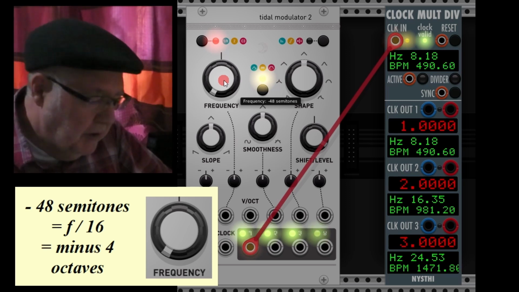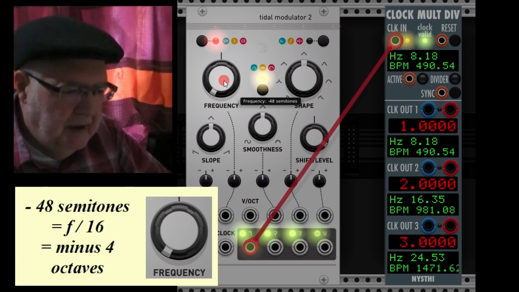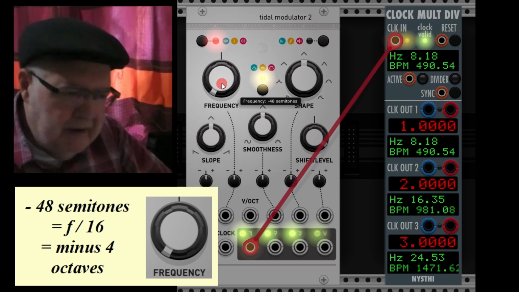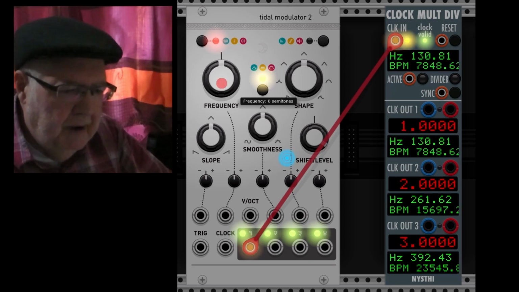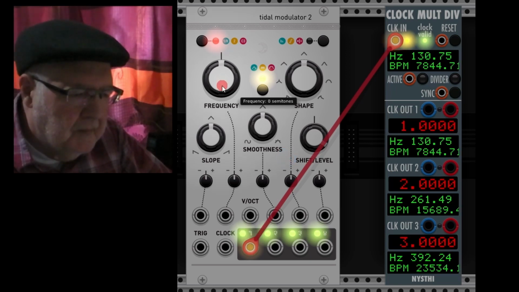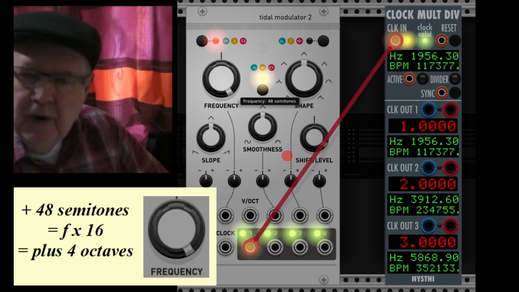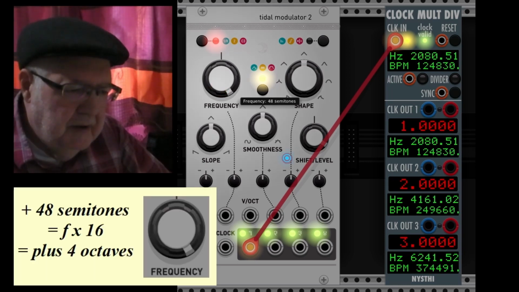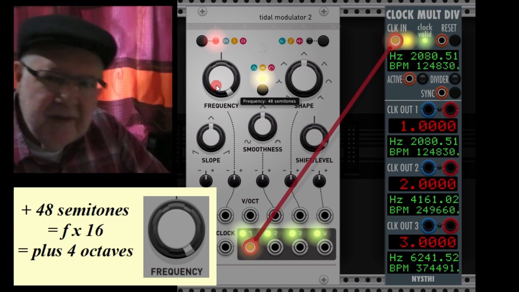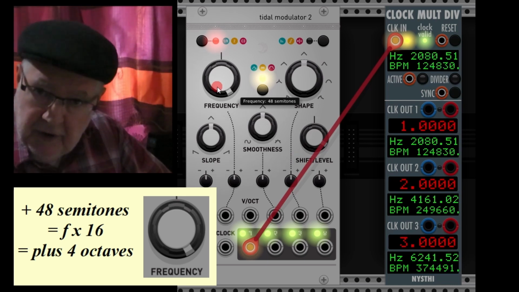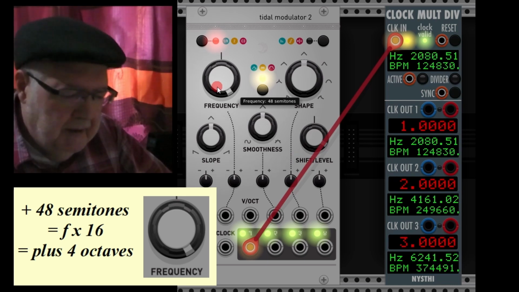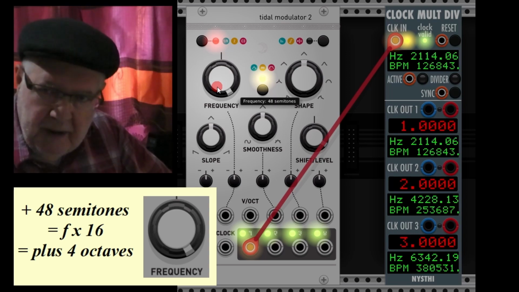What is 4 octaves? It is 1/16 of the basic frequency. But when I turn it the other way around, to the right, then the frequency increases, once again by 48 semitones, which is 4 octaves up, and 16 times the base frequency.